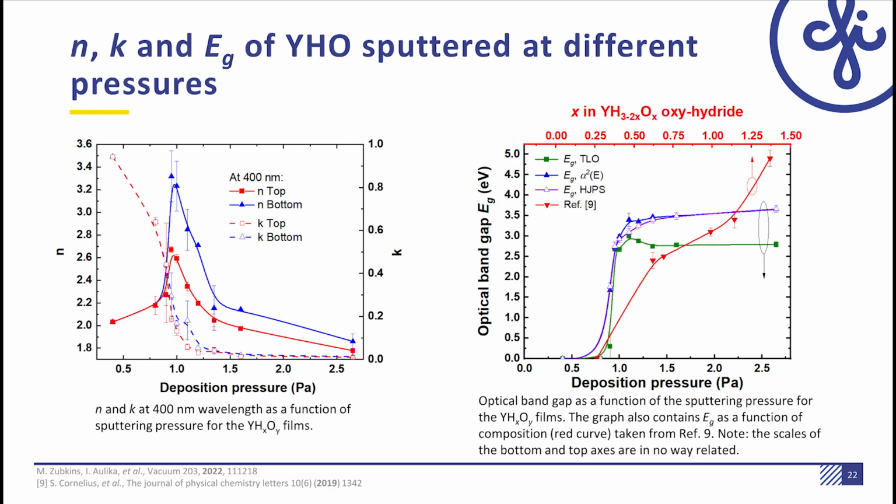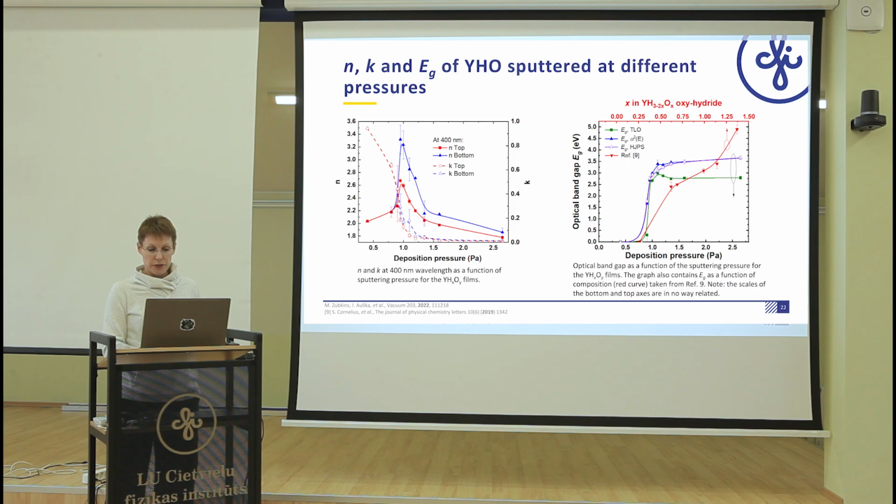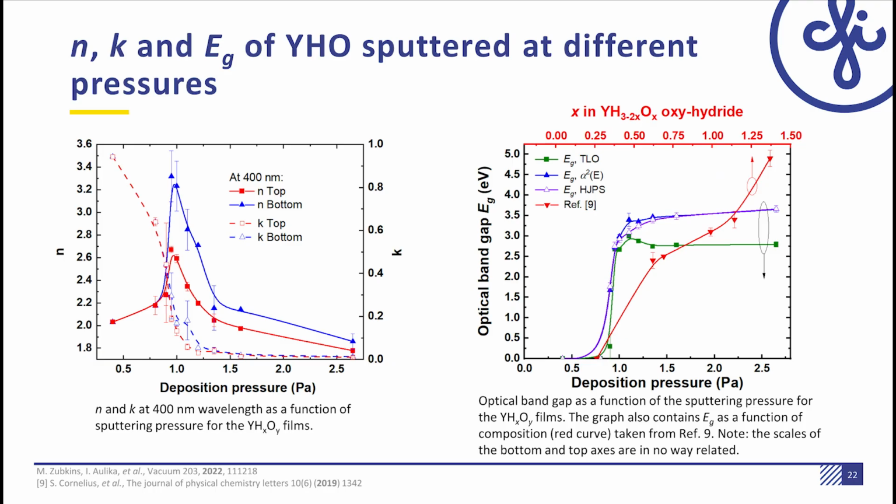That indicates that the film has a slight optical gradient, and at low pressures even extremely large optical gradients. In the plot on the right, we can see the bandgap increase sharply with pressure, corresponding to the shift from metallic to semiconducting and eventually to insulating behavior as more oxygen is incorporated into the yttrium hydride matrix.